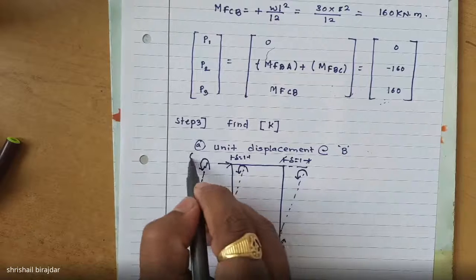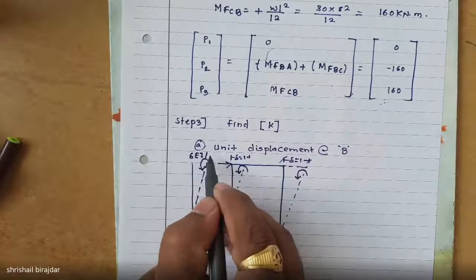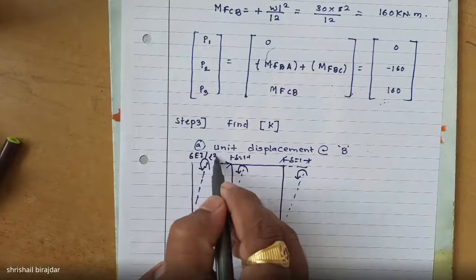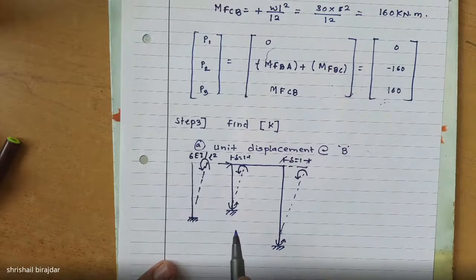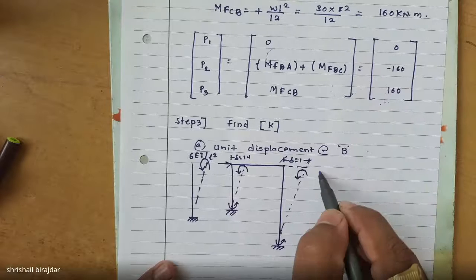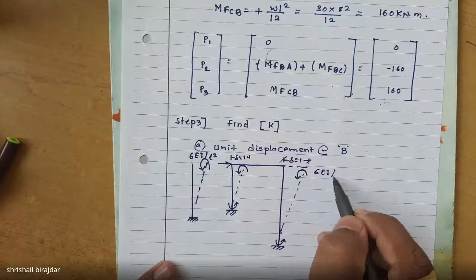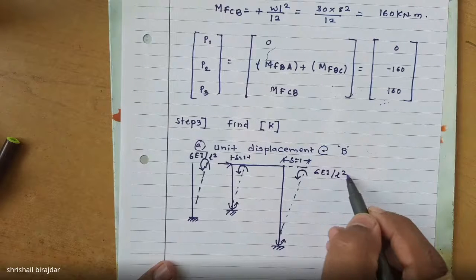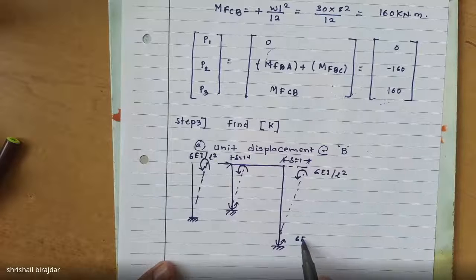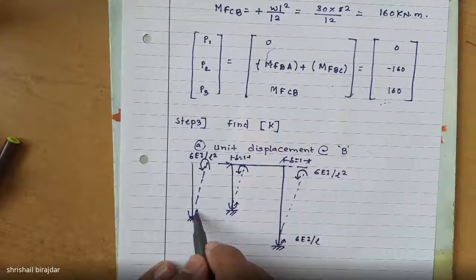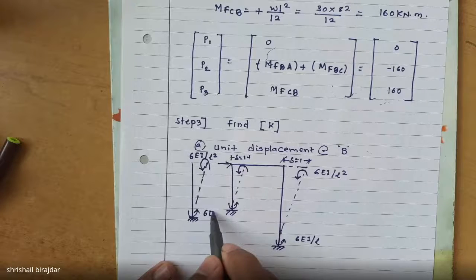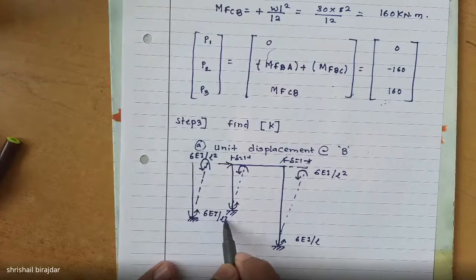And here you will get 6 EI delta upon L square. Delta will be taken as unity. Therefore, 6 EI divided by L square. This is also 6 EI divided by L square, and here also you will get 6 EI divided by L square.